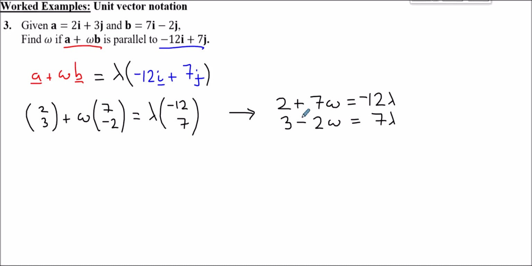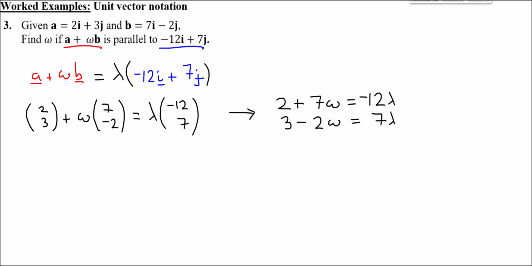What we could do here is try to eliminate lambda, because we're not interested in lambda, we're actually interested in this omega. So we need to get rid of lambda. The signs of lambda at the top and bottom are different, so if we add them in some multiples, they should disappear.